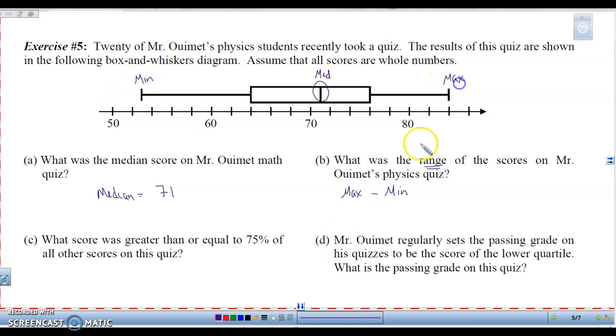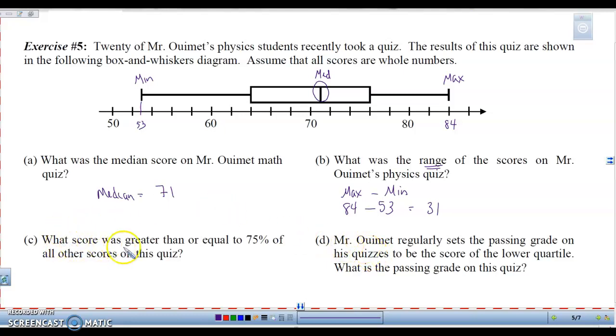So let's look at our values. The max would be at 84. Okay, the min, well, if this is 52, this would have to be 53. All right, 84 minus 53, the range of the values is 31. The range of the scores is within 31 points of each other.